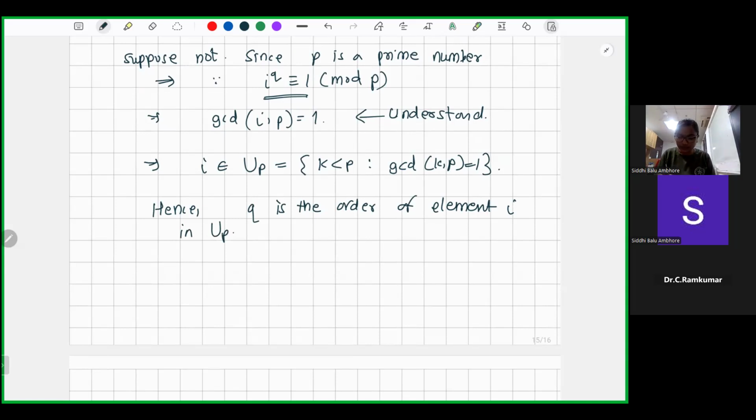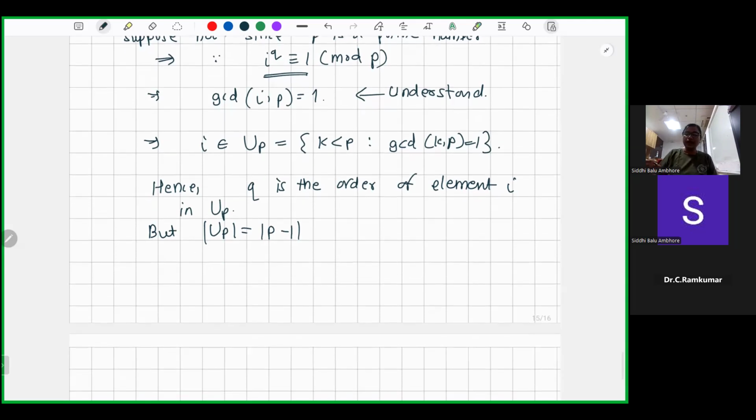But the order of U_p is p minus 1, since the cardinality of U_p is p into 1 minus 1 by p, that is just p minus 1.